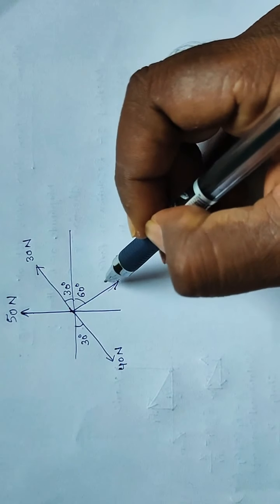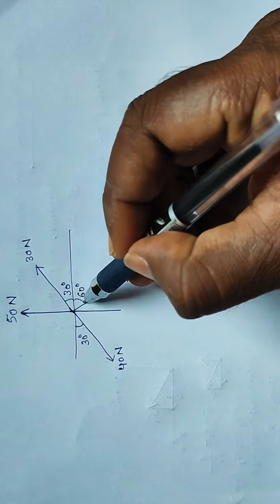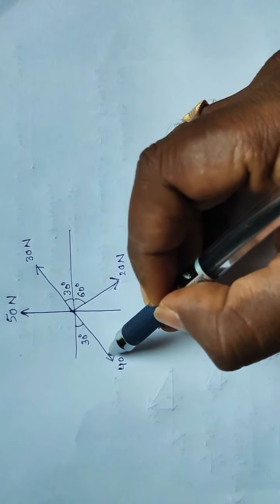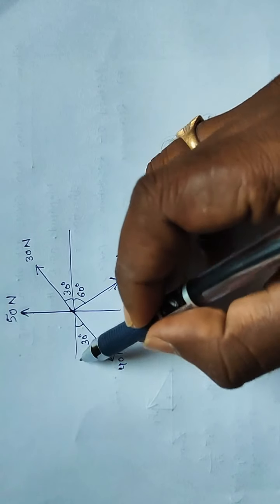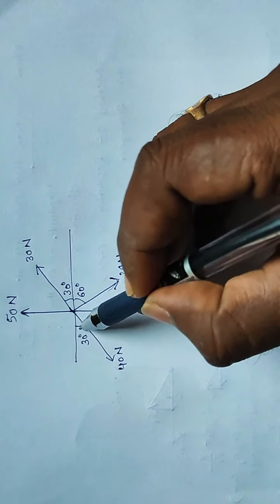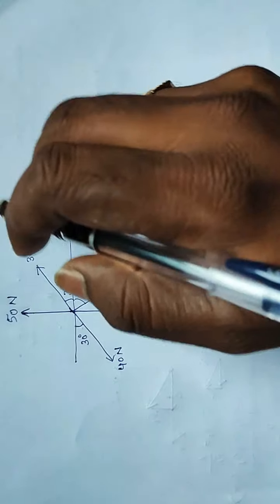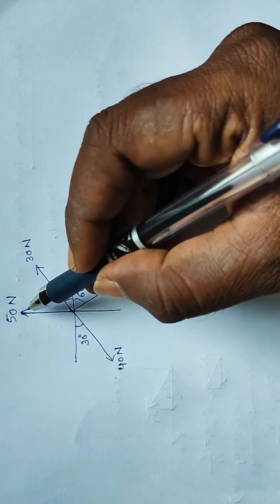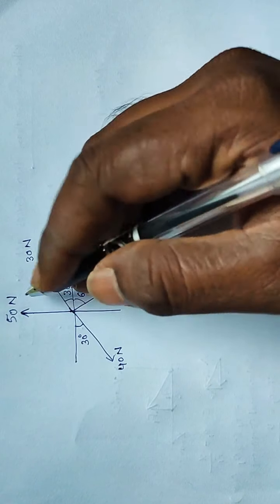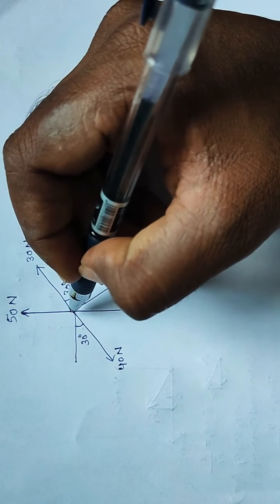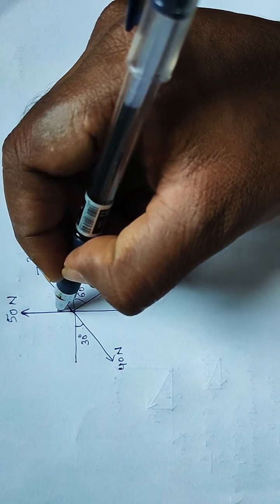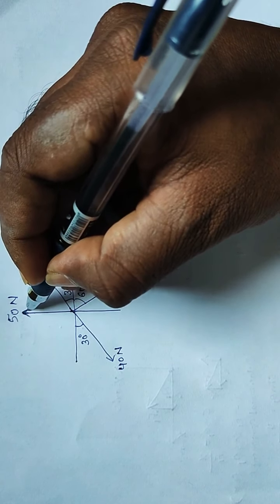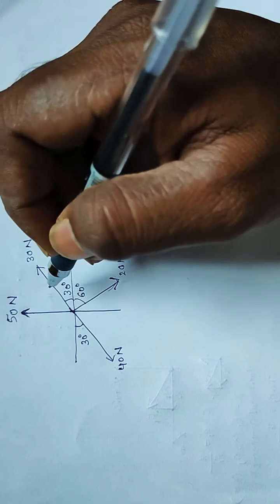This 20 Newton also is making an angle of 60 degrees with the horizontal, and this 40 Newton is making an angle of 30 degrees with the horizontal. But here this 50 Newton, it has been given that it is directly a vertical force, 50 Newton.